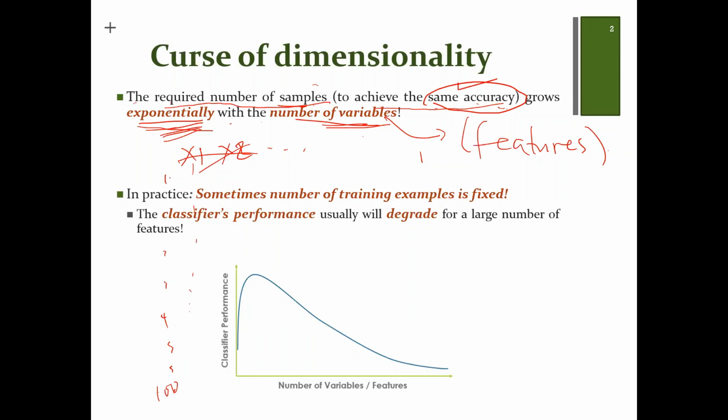That is why, whenever you have a very large number of features, the samples are not always available to match. Even when you have a 20,000-sample data set, and the number of features is maybe 25, you are supposed to get 10^25 samples.